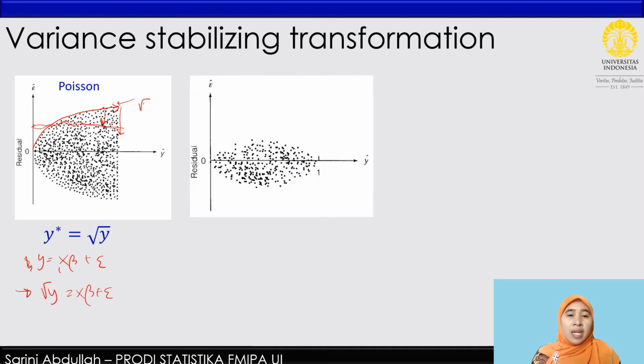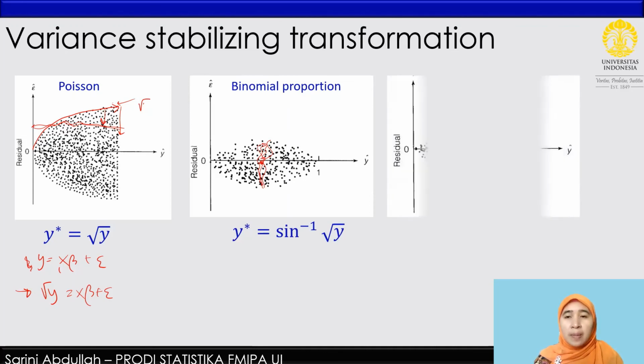While for this one, like we've said before, between 0 and 1, and getting more variant as they go to the middle of the interval, it seems like this is a binomial proportion. So in this case, we should have the arcsine square root transformation of the response.